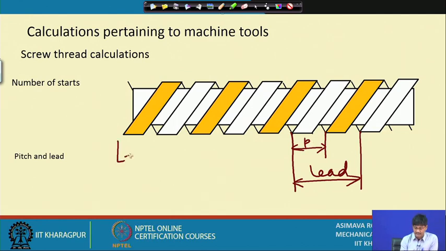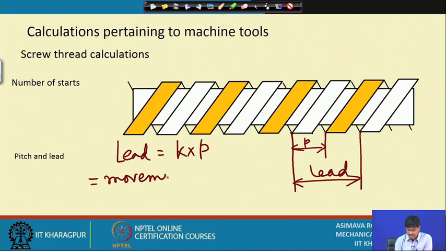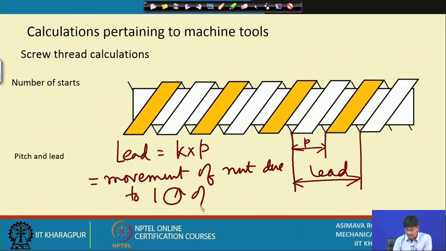So, we have lead equal to k into pitch, okay. K is the number of starts and equal to movement of nut due to 1 rotation of screw.